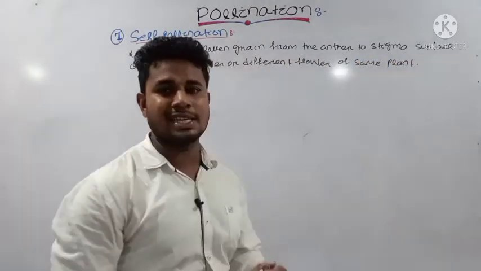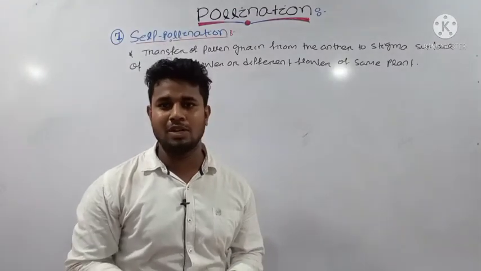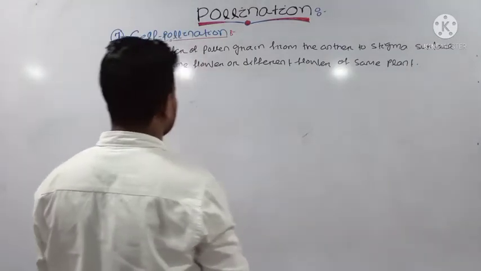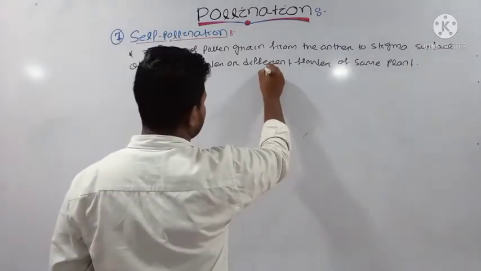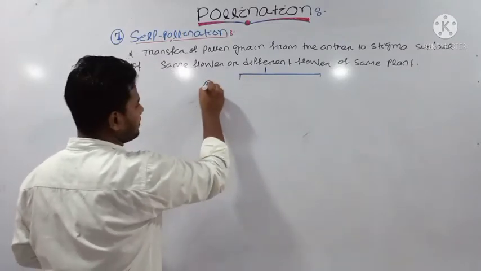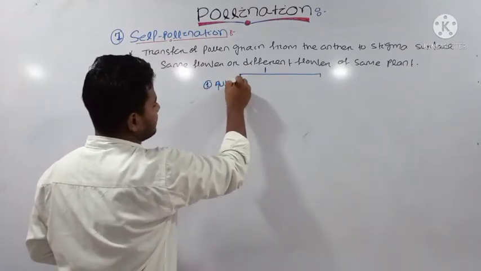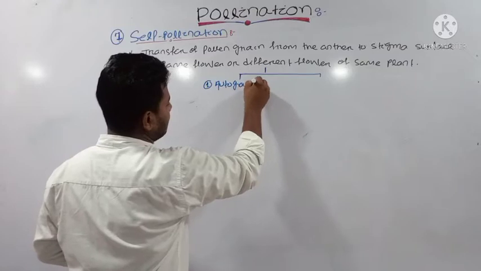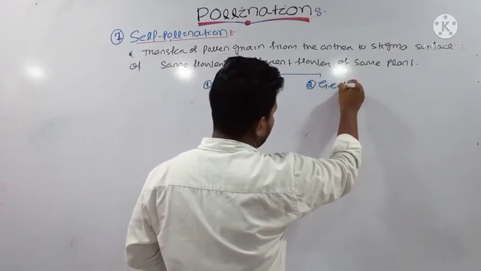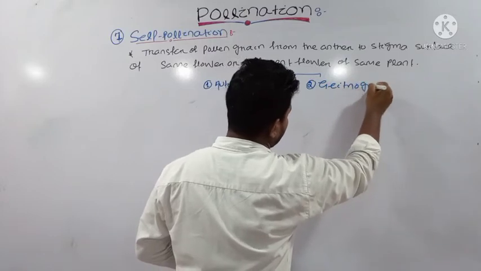Basically, only a single plant is involved in the self-pollination process, and it is again of two types. One is called autogamy, and second is called geitonogamy.